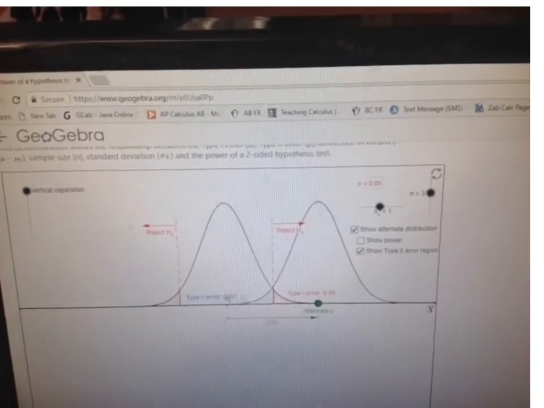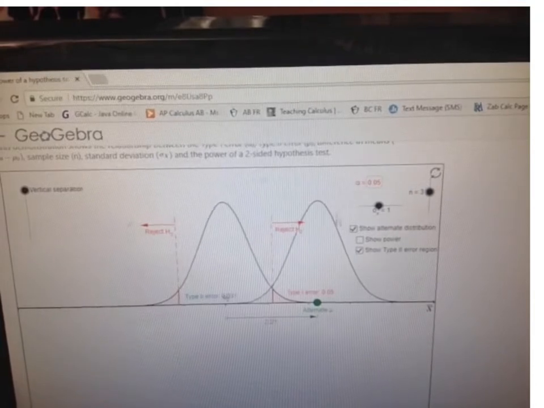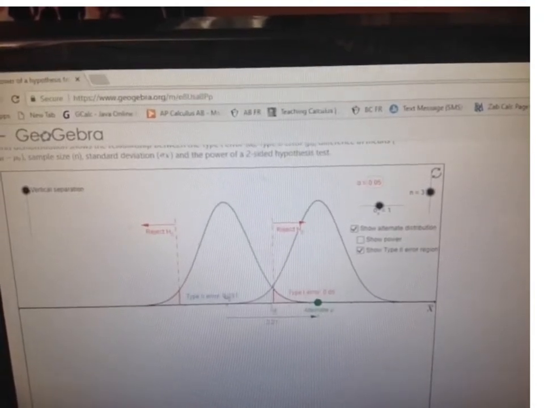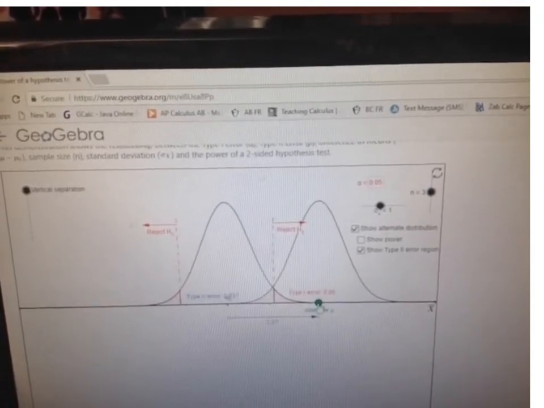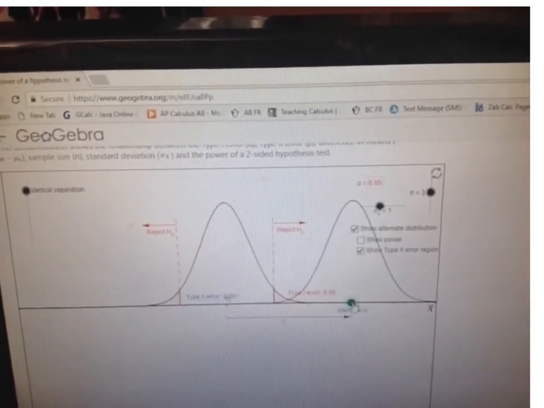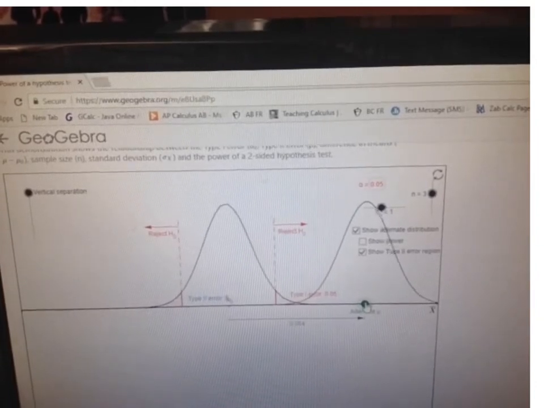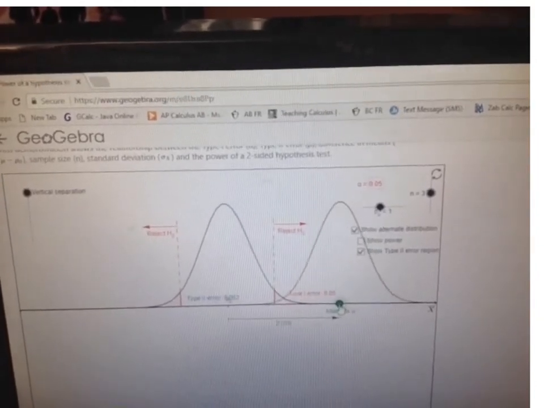So it's this right here. There are a lot of things we can do to cut down our area of blue. One thing we can do is slide the curve this way. But that's kind of weird because what that means is we just changed the mean of our alternative. So that's a little bit unrealistic.